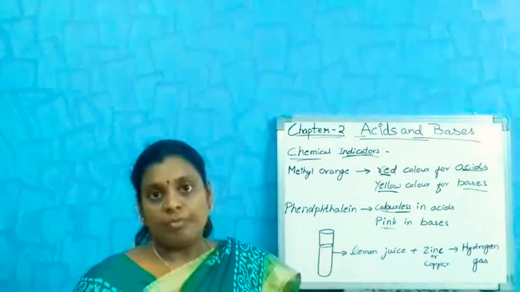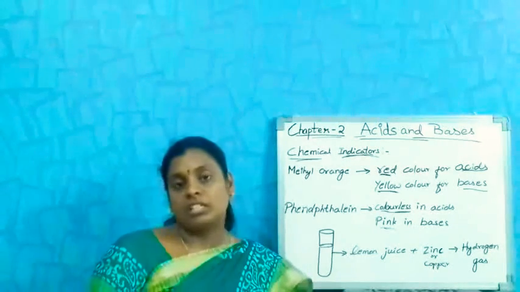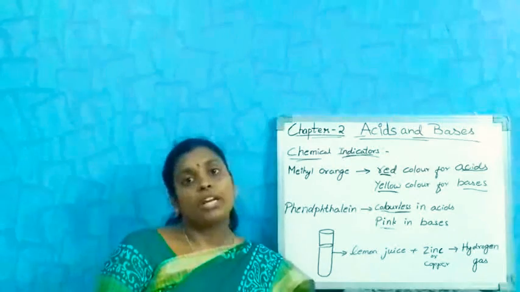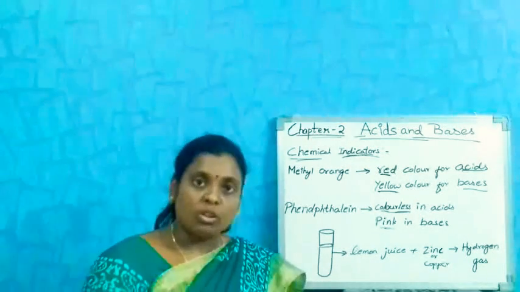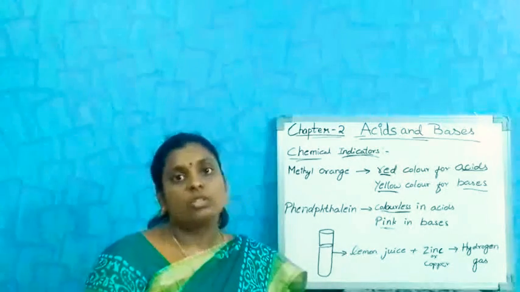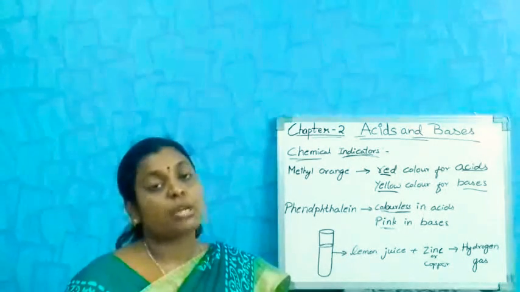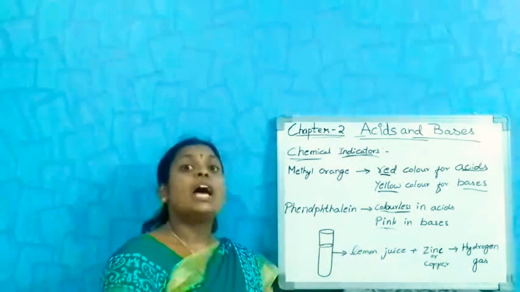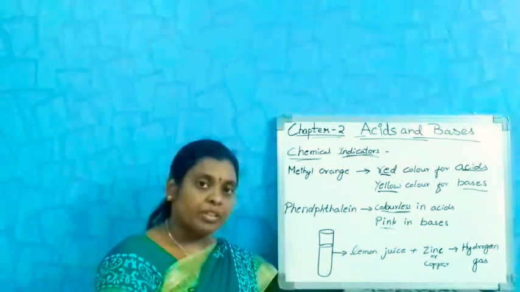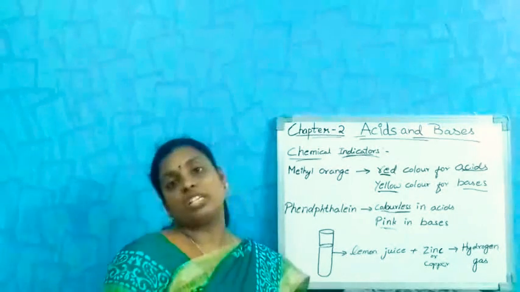Even you can see on some vessels which are coated with copper or zinc, when you use them for cooking, the acids present in the food react with them and the color of the vessel also changes.